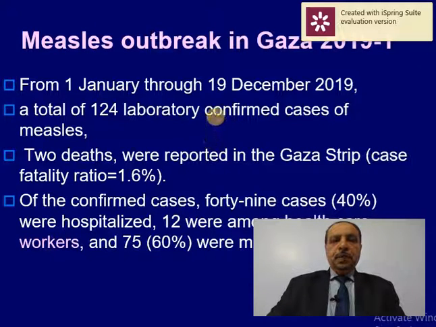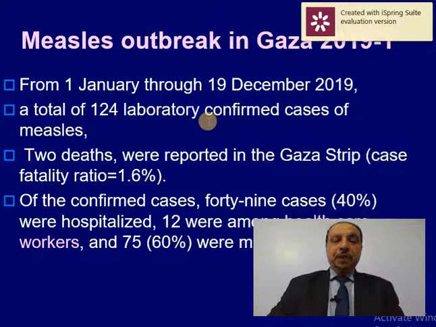From the 1st of January through 19th of December 2019, a total of 124 laboratory confirmed cases of measles. So this is the laboratory confirmed cases, and you heard about these cases, of course.